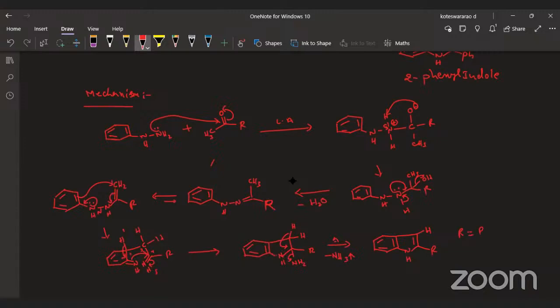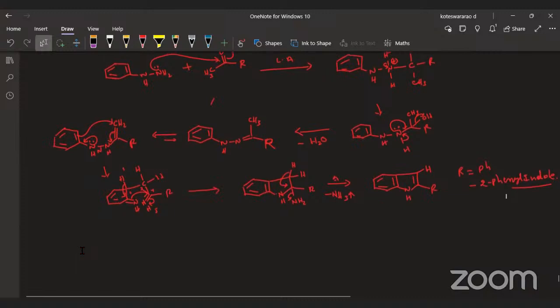R is the phenyl group. There is the 2-phenyl involved. Right. This is the mechanism involved in the synthesis of indole using the Fischer indole synthesis.